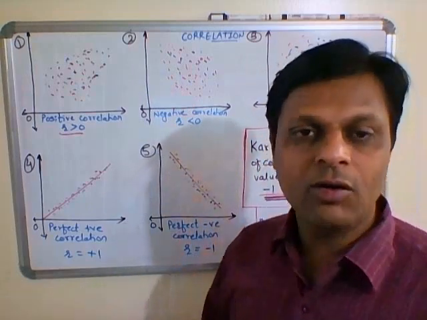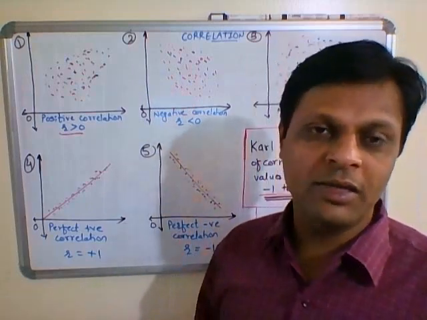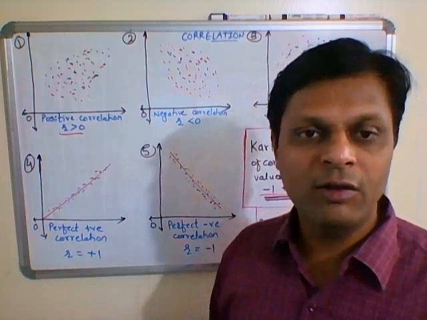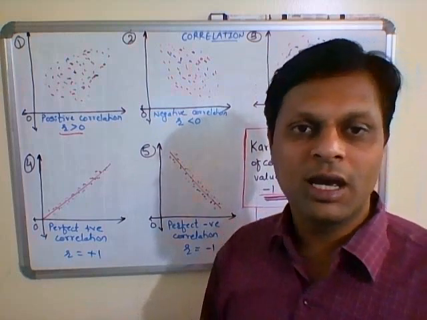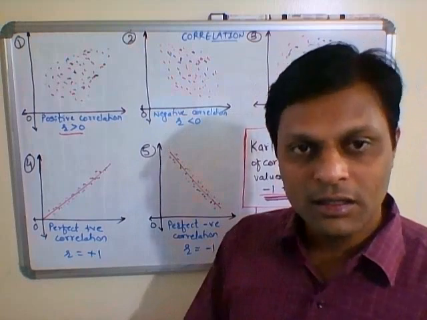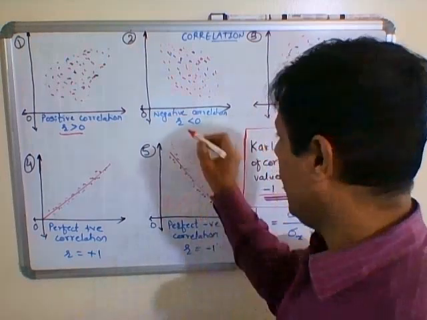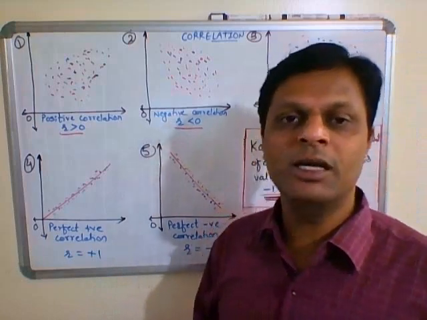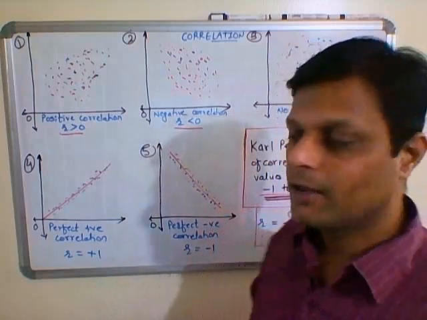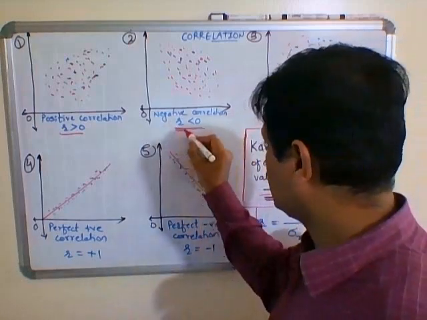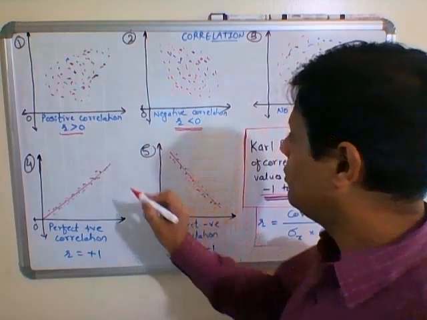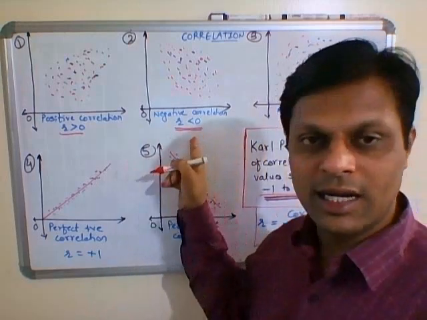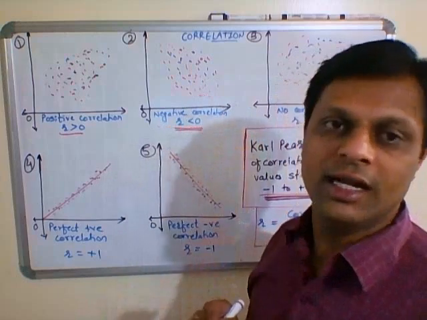So obviously the coefficient of correlation given by Karl Pearson should have a negative value, because we are quantifying the relationship. If it is negative correlation, the coefficient of correlation r will have a negative value, that is, less than 0.